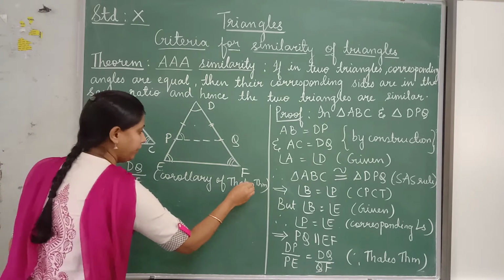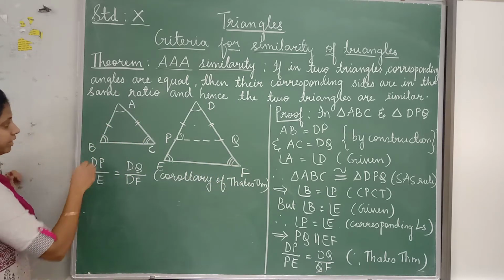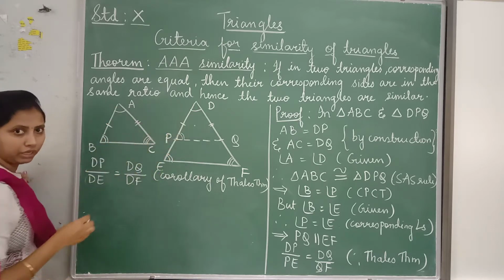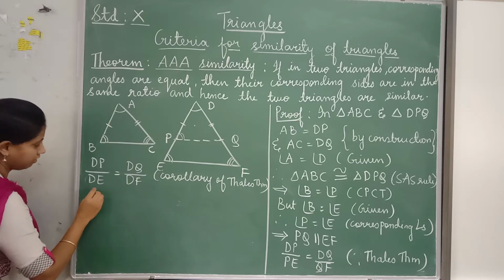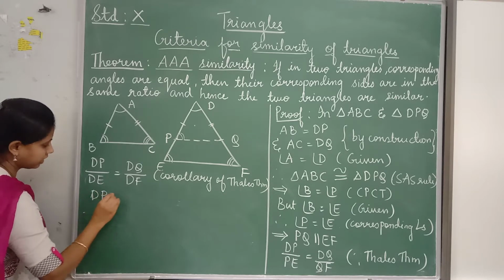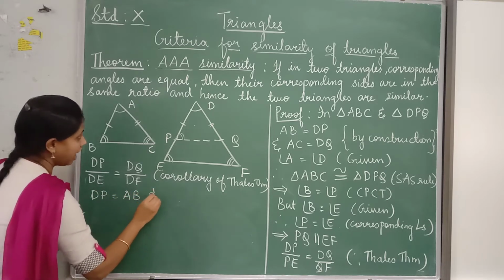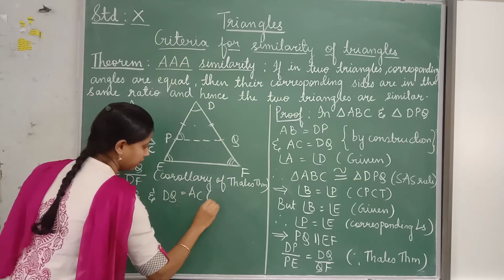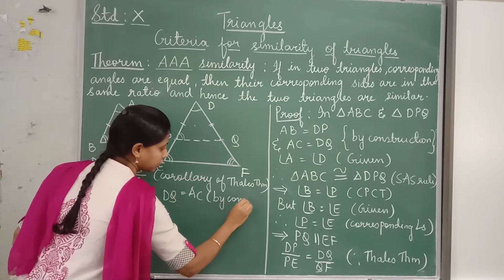Now we know that, given, what is given? By construction AB is equal to DP. Yes? DP is equal to AB and DQ is equal to AC. This is by construction.